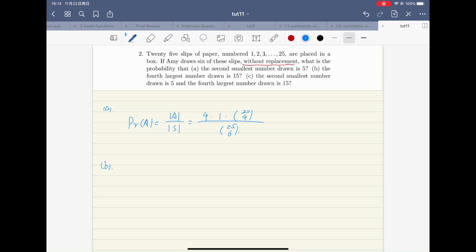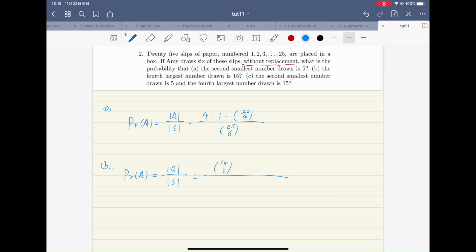That's question A. And question B, the fourth largest number drawn is 15. This time we want to find the fourth largest, and we choose 3 numbers smaller than 15. We have 14 choose 3, right? So the probability of A equals |A| over |S|, where we have 14 choose 3. Why is it 14 choose 3? Because the fourth largest number is 15.